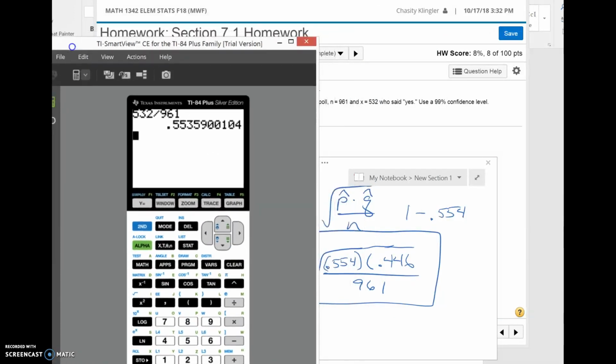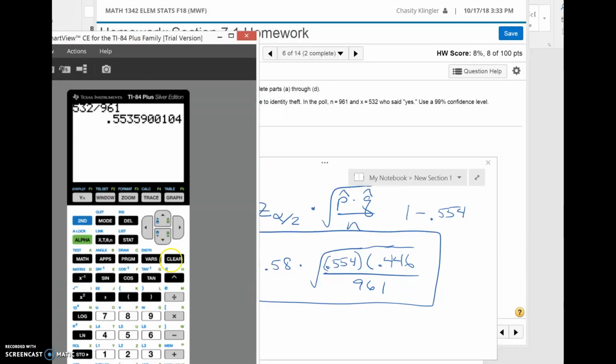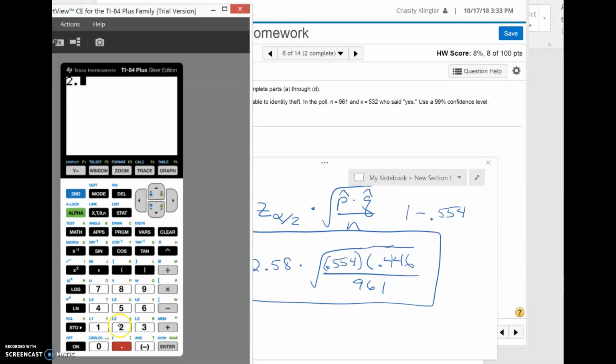Let me see if I can move that over so we can see. Can't see it all, but so I've got 2.58 times, and then I'm going to do the square root, and in parentheses do 0.554 times 0.446, close that parentheses, and divide by 961.